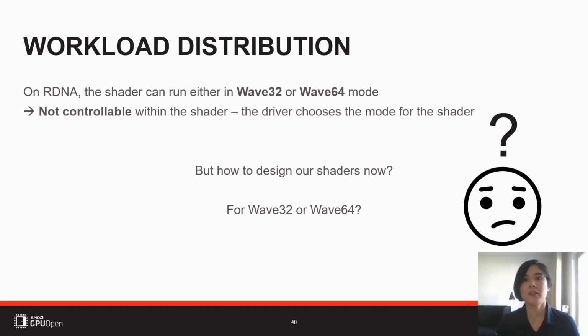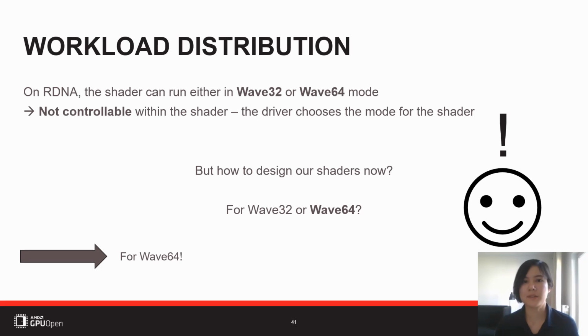Okay, so this leads us to the question: how should we design our shaders now? On GCN it was obvious, because we always had a wavefront size of 64. Now we don't know, right? There's no way to know whether this shader will run in wavefront size 32 or 64, so what to do? The answer is quite simple. We should still design our shaders as if they would run in wavefront size 64.